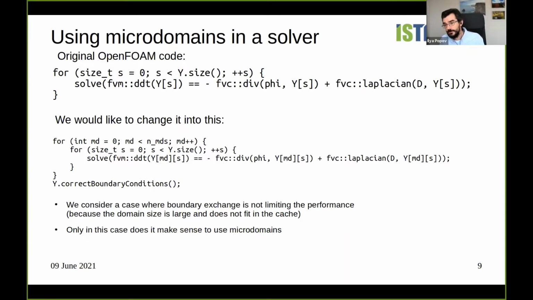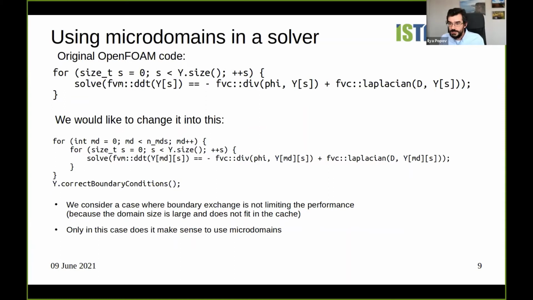Currently, OpenFOAM functions are not microdomain aware, of course, so we had to re-implement gradient, Laplacian, divergence, all these functions. Another important thing here is that this division into microdomains does not interfere with boundary conditions.